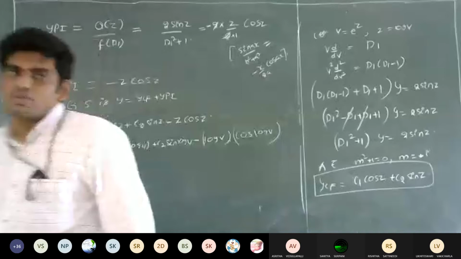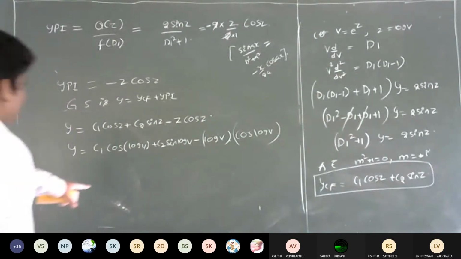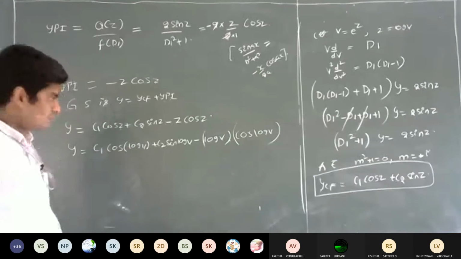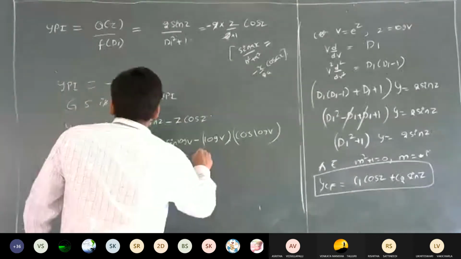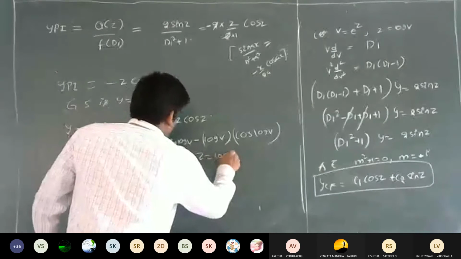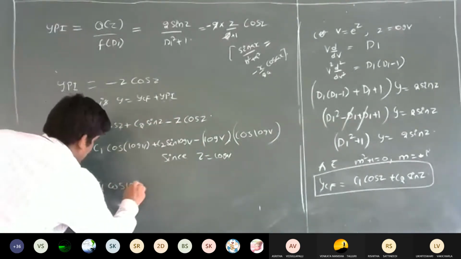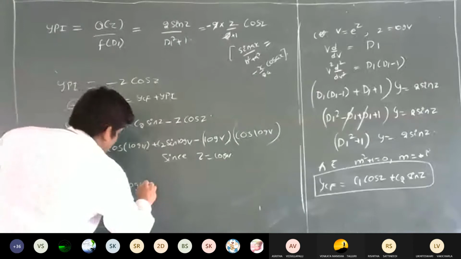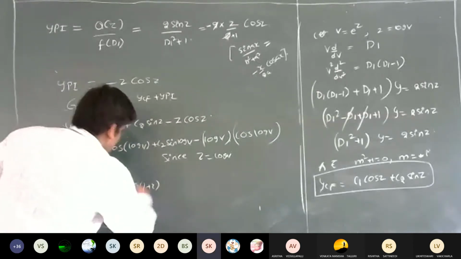Still it is not in terms of x. Now what is v? Log of 1 plus x, sir. Yeah, very good. Since z is equal to log v, the next step is y is equal to C1 into log of, what is v? 1 plus x, right?